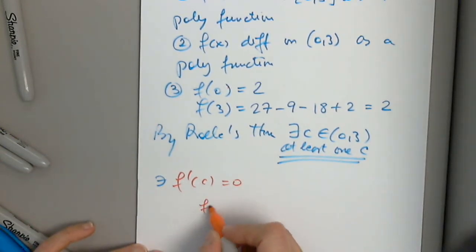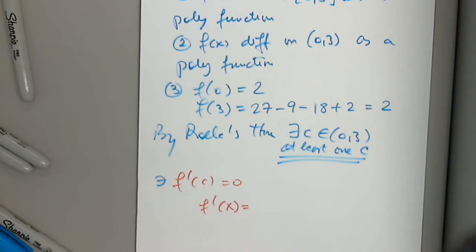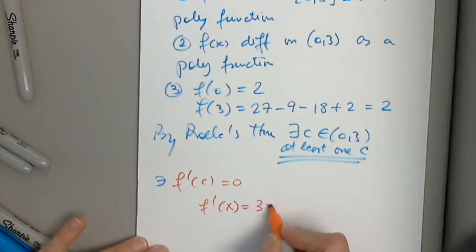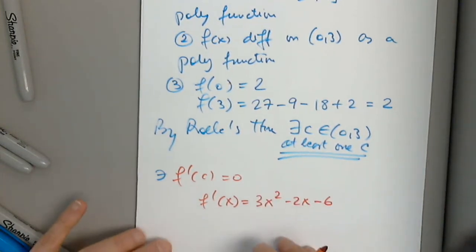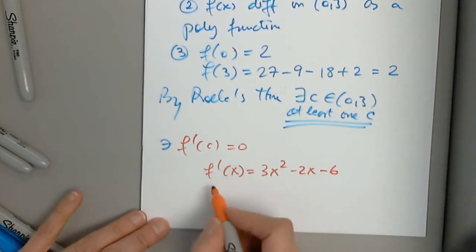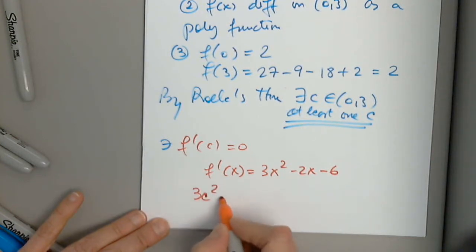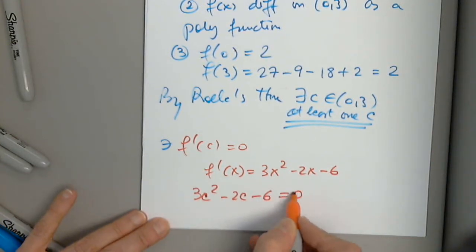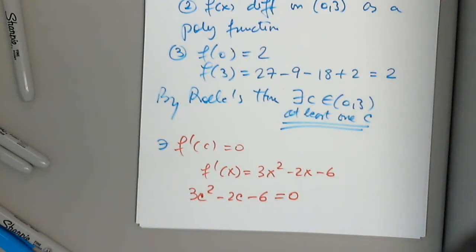So let's find f prime of x first. Can anyone give us f prime of x? 3x squared, minus 2x, minus 6. Excellent. So I will write 3c squared minus 2c minus 6 equals 0. You don't have to change this into c. You can just solve the equation and then come back and say this is c. That's fine too.